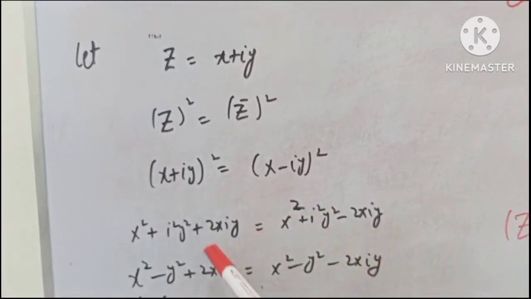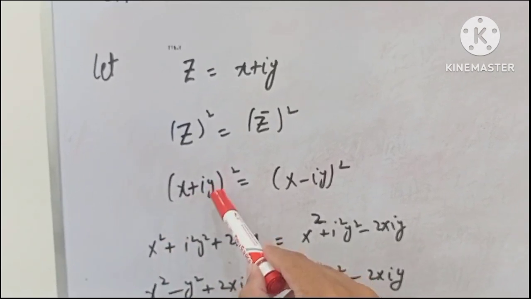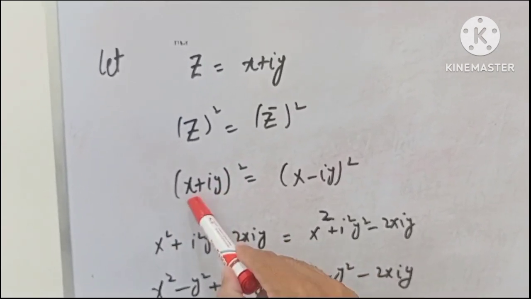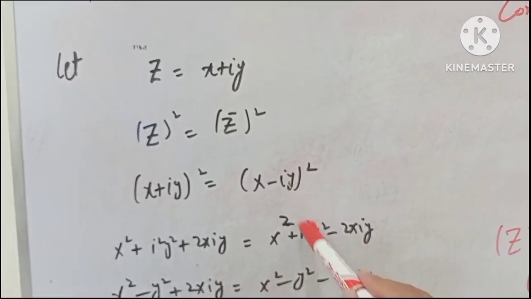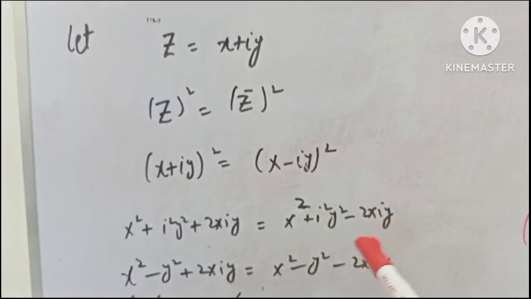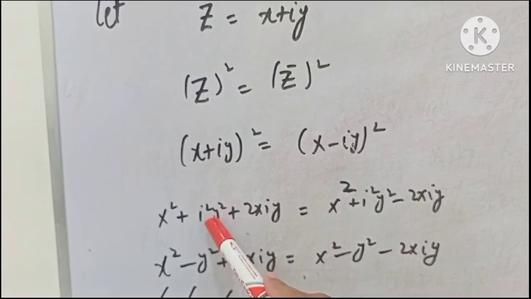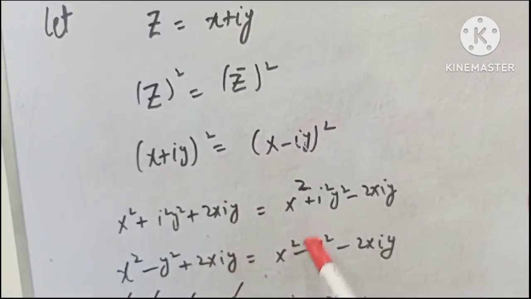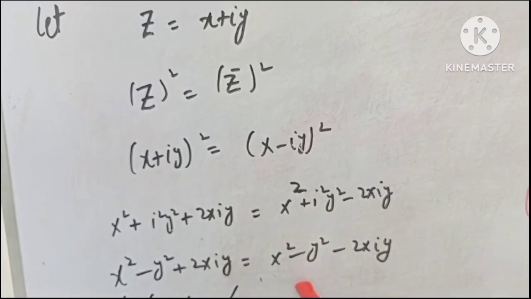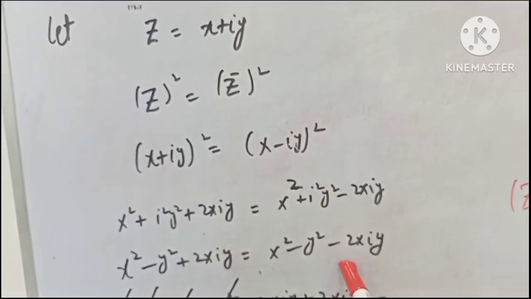Now opening the square, a square plus b square plus 2ab, a square plus b square minus 2ab. Now x square, iota square value minus 1, minus y square plus 2x iota y. Here x square, putting the value of iota square minus 1, minus y square and minus 2x iota y.